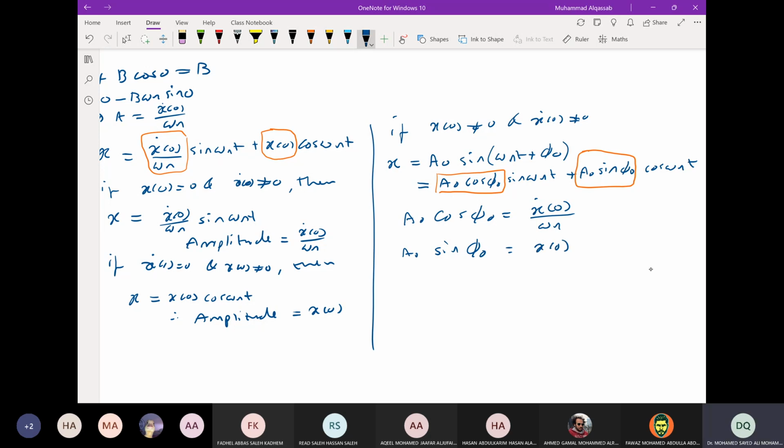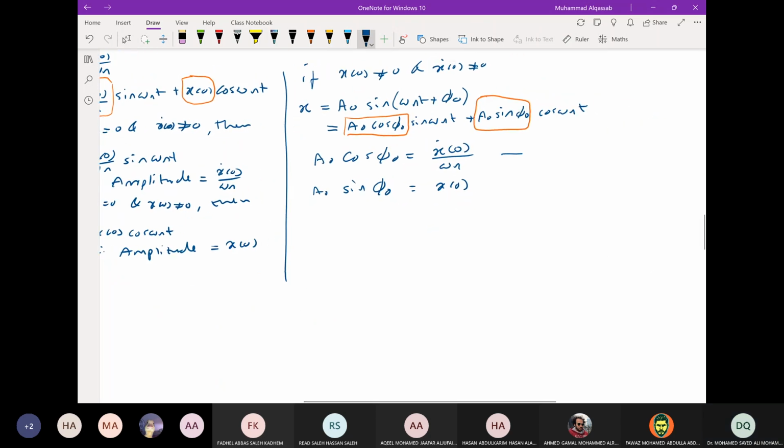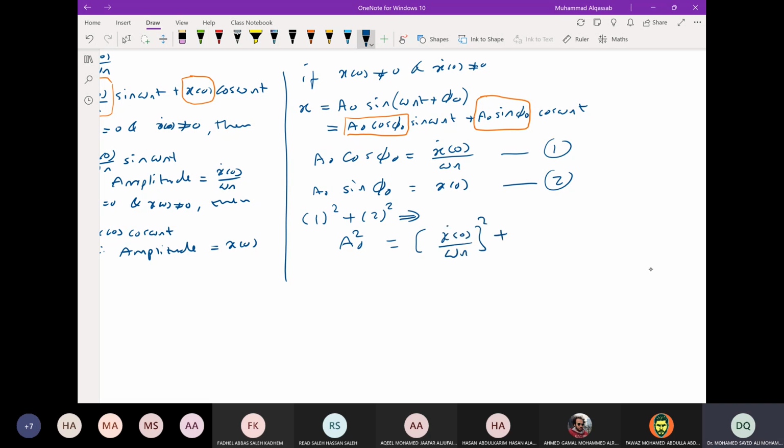What is a0 and phi 0? You can square both equations. So this is number 1 squared plus number 2 squared, and then adding. Squaring both equations and then adding, we get a0 squared equal to x dot at 0 over omega n squared plus x at 0 squared.